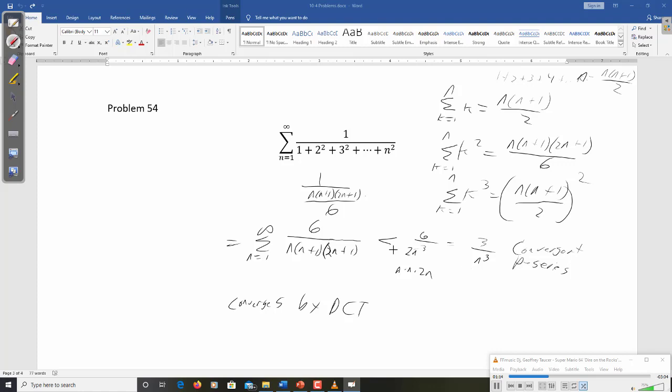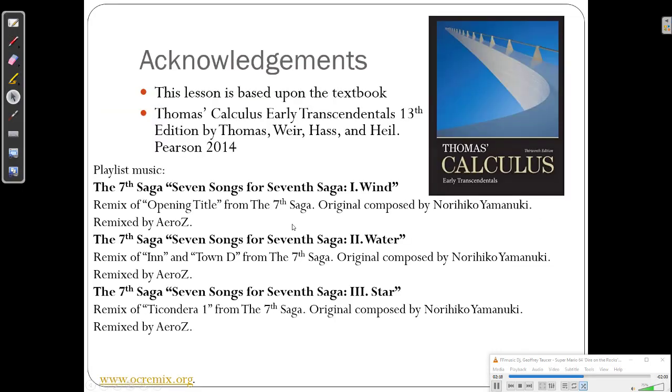You could also use the limit comparison test on this one with even the same function. Or honestly, if I were doing the limit comparison test, I would probably just use 1 over n cubed, not bother with the 3. The 3 is mainly just so I maintain the less than, greater than relationship without any trouble. And that should finish the section.